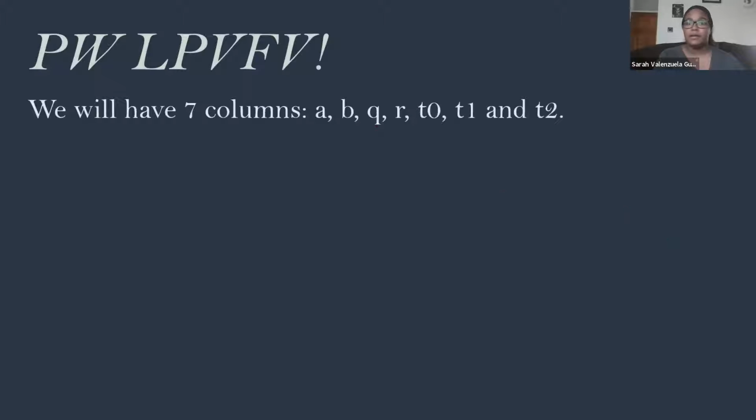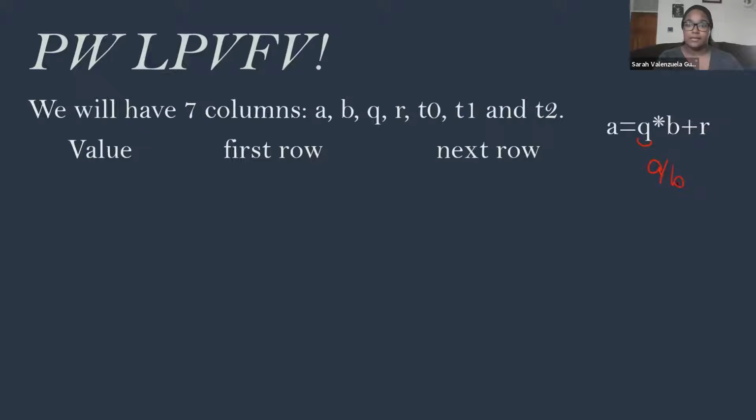So now, to calculate our multiplicative inverse, we're going to use the extended Euclidean algorithm and 7 columns. The first column, A, is going to be the value of Q, that is the quotient of the A over B division, times the value of B plus a remainder. Why?